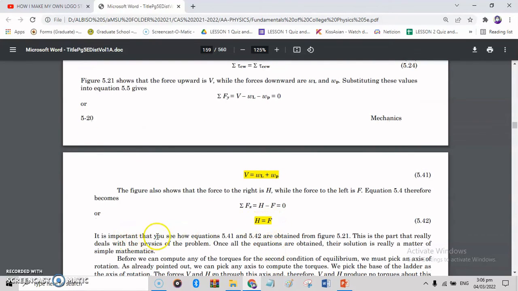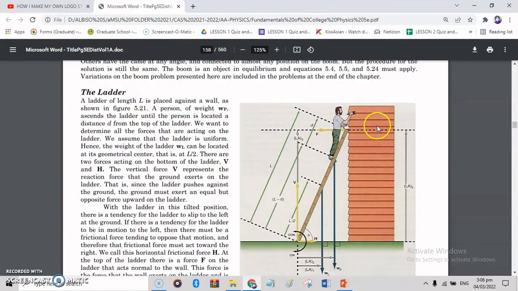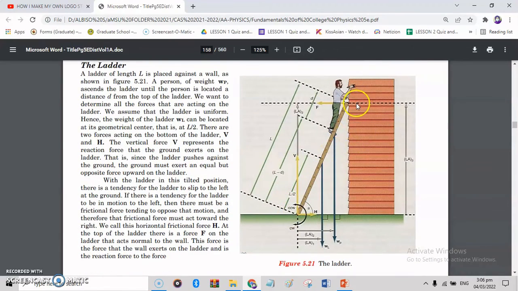It is important that you see how equations 5.41 and 5.42 are obtained from the figure, okay, kanina. This is the part that really deals with the physics of the problem. So, in any problem talaga, you really need to picture out every forces. So, kung kailangan mag-drawing ka. Okay?